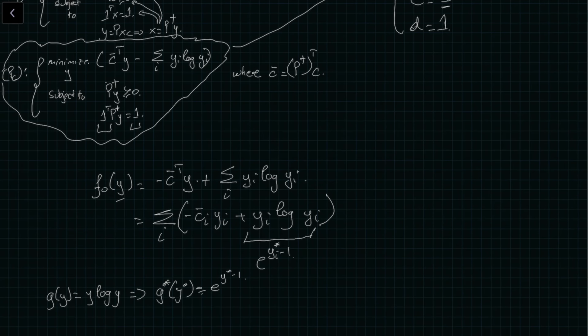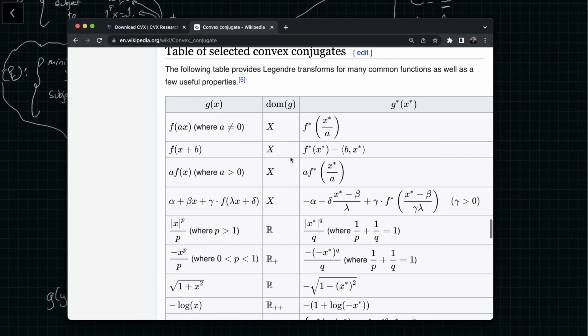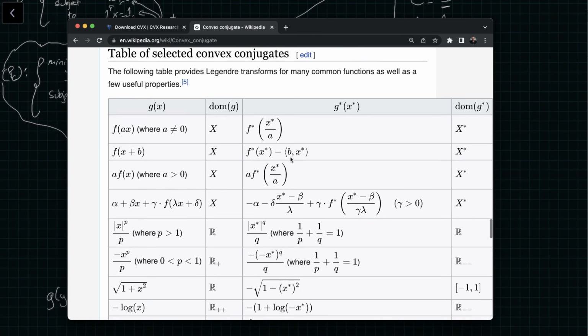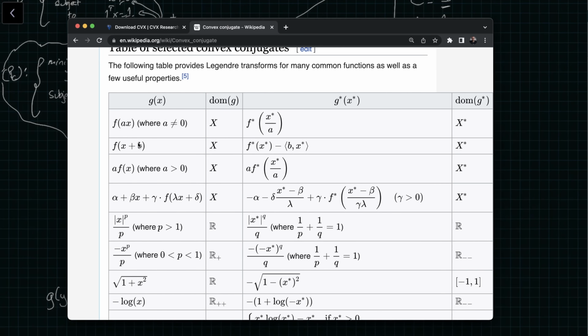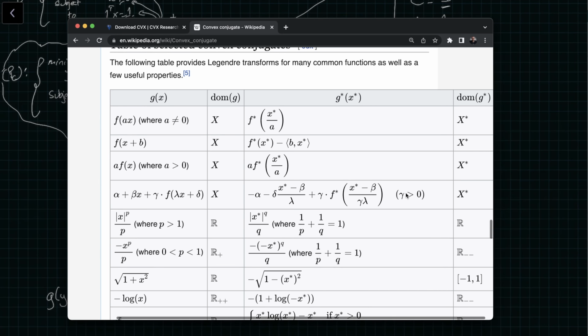And we also know, I'll point this out in Wikipedia, because here's a table of selected convex conjugates. By the way, the conjugate function is also referred to as convex conjugate, or Legendre transform, or also the Fenchel transform. So we also know that if we do this type of combination right here, we get this. What we have is alpha equal to 0, beta is minus ci, gamma is 1, lambda is 1, and delta is 0.